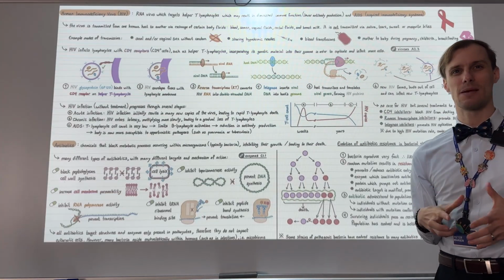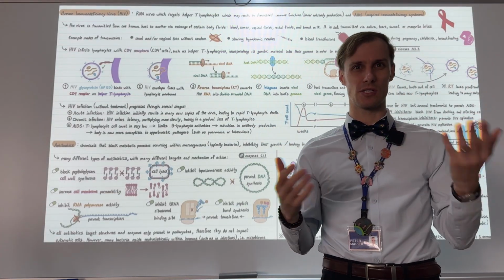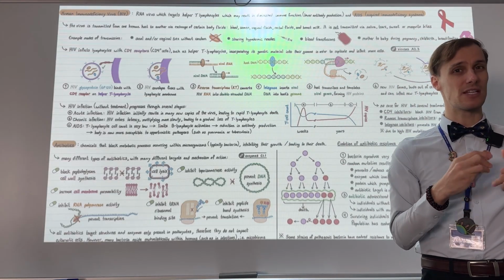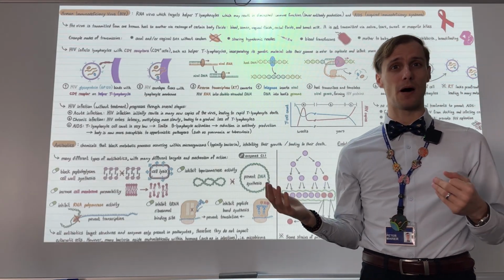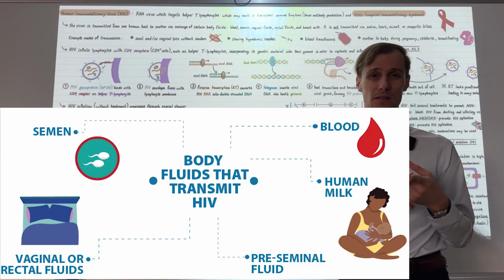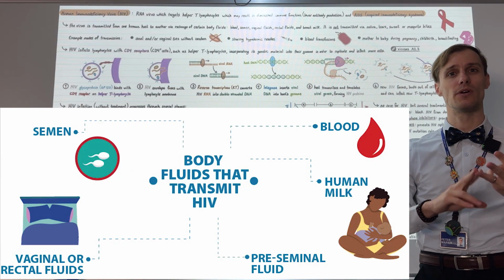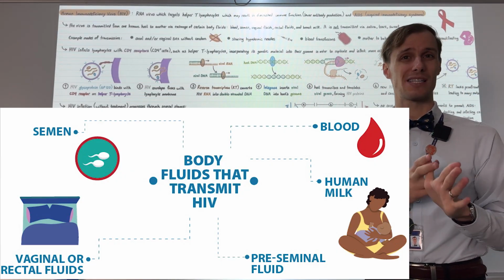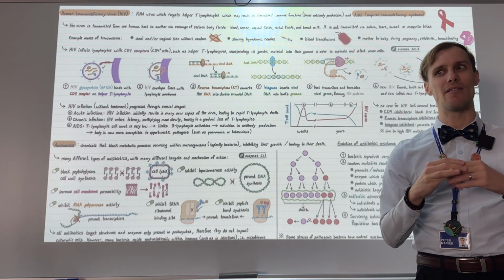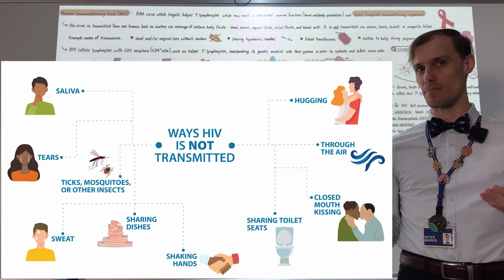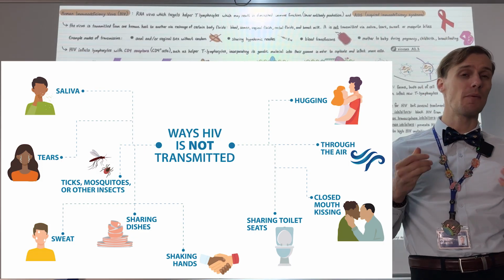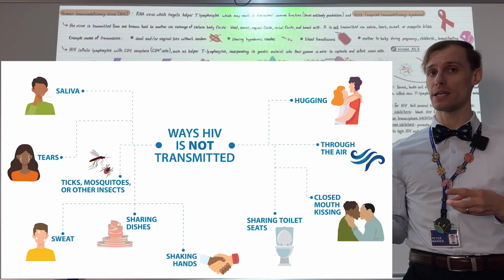There's a lot of misconceptions as to how HIV is spread from person to person. HIV is spread through the following bodily fluids: blood, semen, vaginal fluid, rectal fluid, and breast milk. A common misconception is that it is transmitted through mosquito bites.